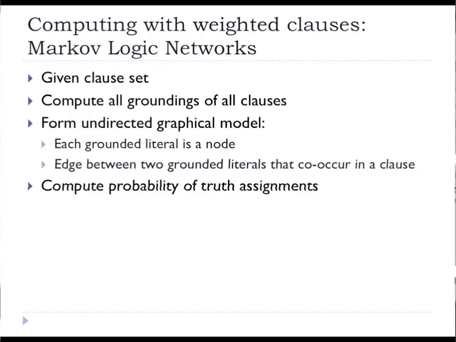So we use Markov logic networks to compute with these clause sets that have weighted clauses in there, which do the following. If you have a clause set, you compute all the groundings of all clauses and form an undirected graphical model using the sets of all the groundings, and you compute the probability of truth assignments.